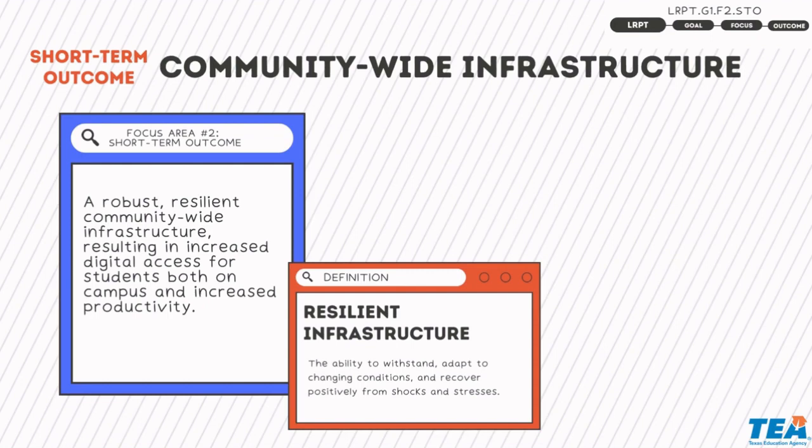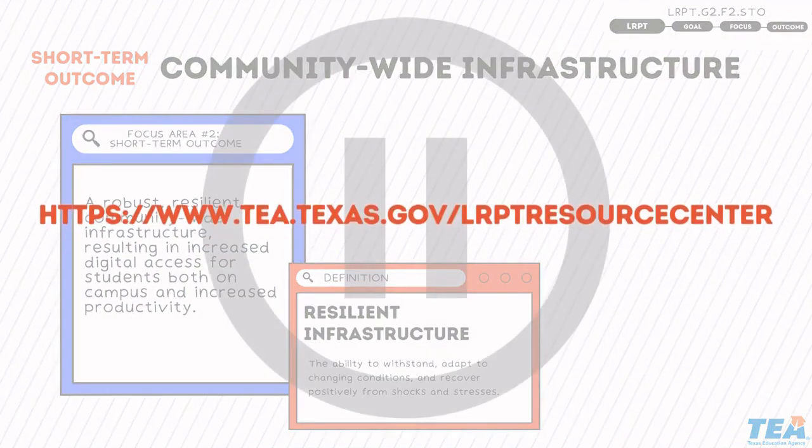As you imagine what this might look like for your district, think about what a resilient infrastructure would represent in itself. What would the ability to withstand, adapt to changing conditions, and recover positively from shocks and stresses mean to your district? What type of opportunities would it create for increased digital access?